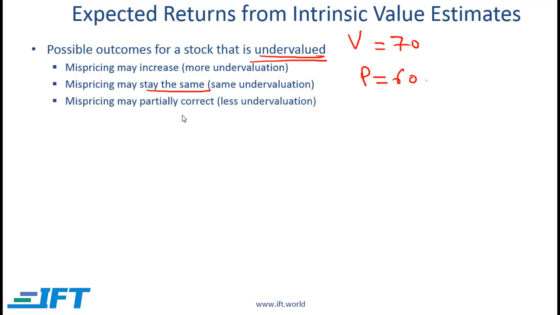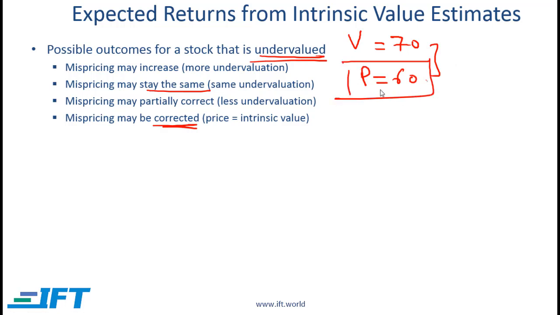Third scenario is that the mispricing may partially correct. So here the mispricing is 10, maybe the mispricing goes down to 4. Mispricing may be corrected completely. In other words, this mispricing of 10 goes away, which will be good for you if you actually purchased the stock at 60. And finally, the mispricing may overcorrect.